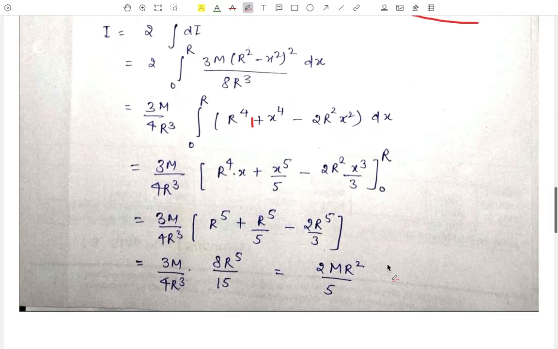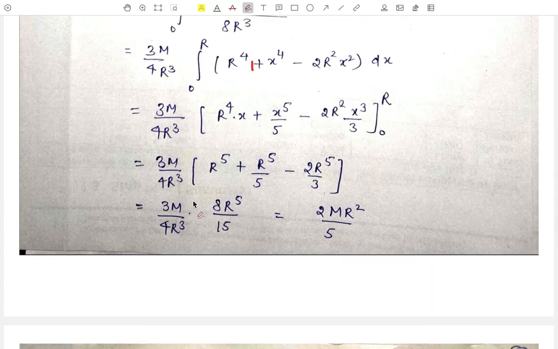Using the values of the limits in the equation, we get r raised to power 4 into r becomes r raised to power 5, plus r raised to power 5 upon 5, minus 2r square into r cube upon 3, that is 2r raised to power 5 upon 3, minus 0.